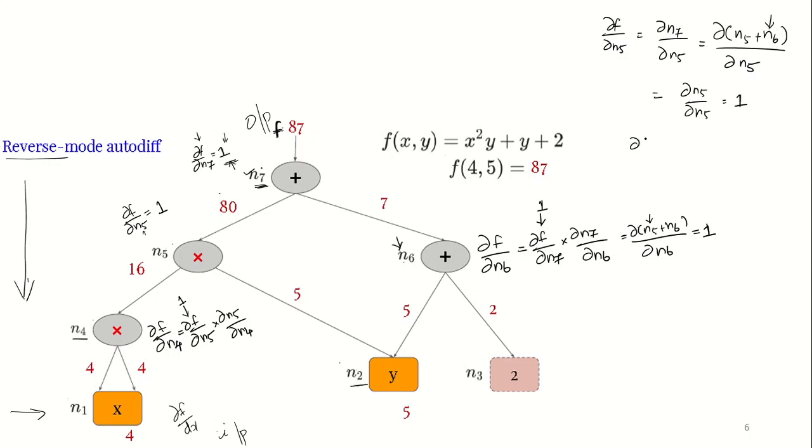So dou f by dou n4 is equal to dou of n4 into n2 divided by dou n4. That means n5 is replaced like this, n5 is equal to n4 into n2. So the result is n2, and n2 is nothing but y.